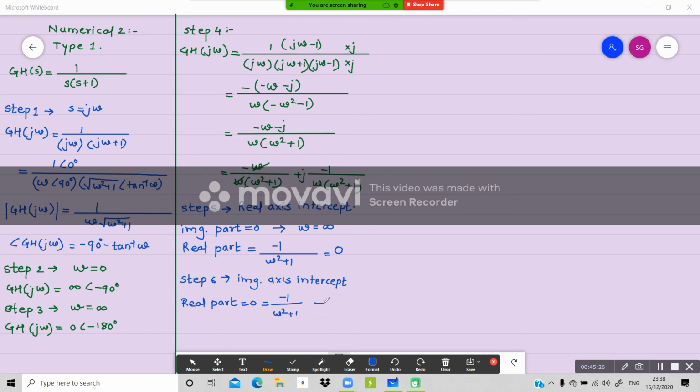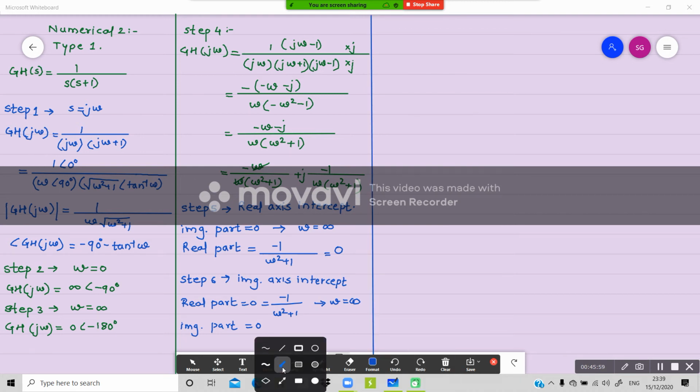Right, again we got omega equal to infinity, and we know that at omega equal to infinity, magnitude is 0 and angle is going to be minus 180. So no need to write it again. Actually we are getting the same conditions, right? So we'll have imaginary part is equal to 0.